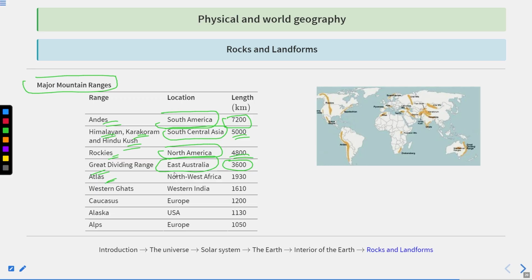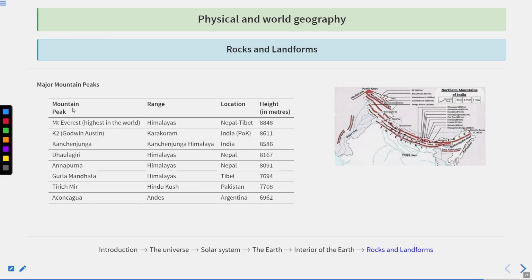Atlas, Northwest Africa, 1,930 kilometers. Thereafter, the Western Ghats, Western India, 1,610 kilometers. Caucasus, Europe, 1,200 kilometers. Alaska, USA, 1,130 kilometers. Alps, Europe, 1,050 kilometers.